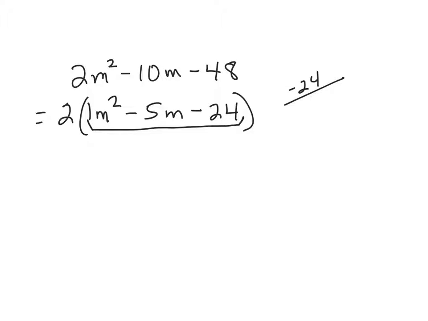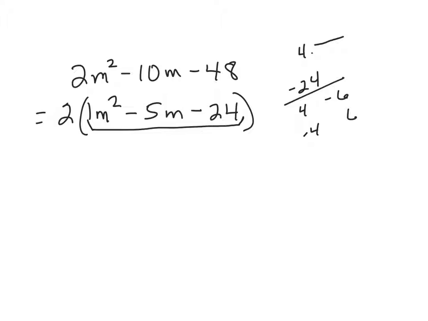If you square root 24, you get 4 point stuff. So 4 is the first number we're going to check. 4 does go into 24 6 times. So either 4 and negative 6, or negative 4 and 6.